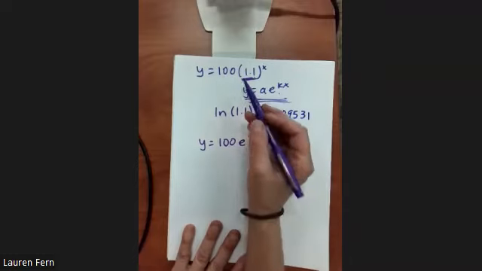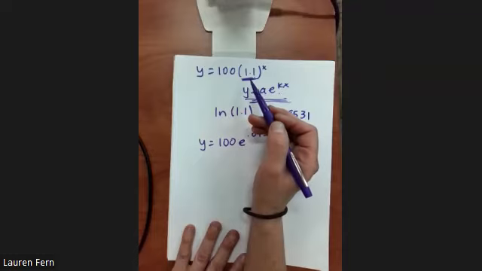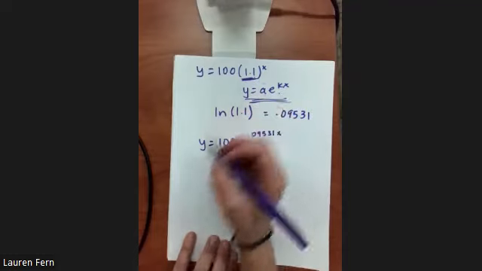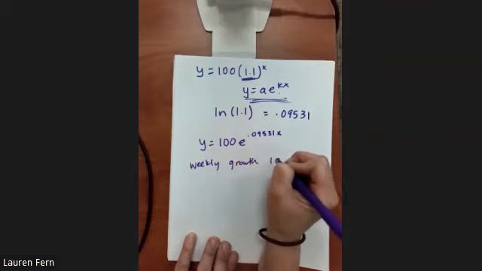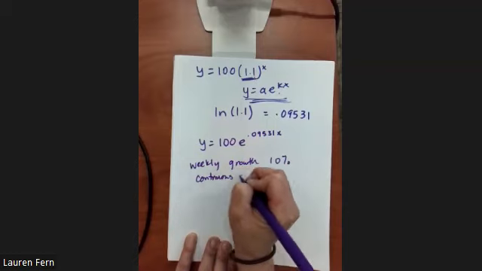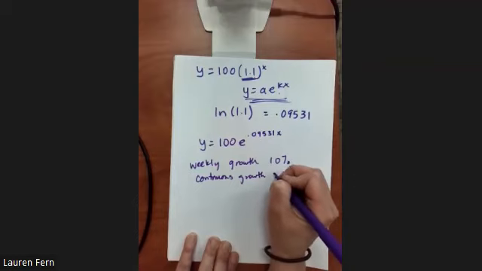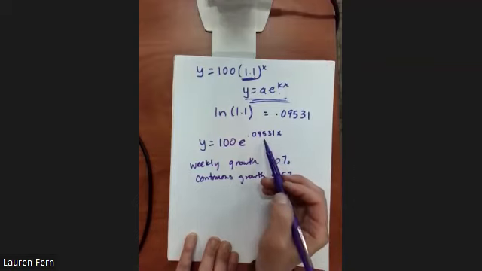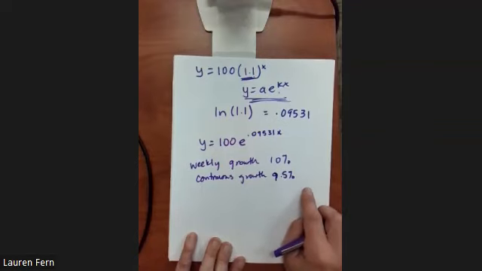But what I want to point out is when something had a weekly growth rate of 10%, that corresponds to a continuous growth of about 9.5%. And that makes sense because if something's growing continuously, it's going to grow faster, again, because you have it compounding on the compounding.